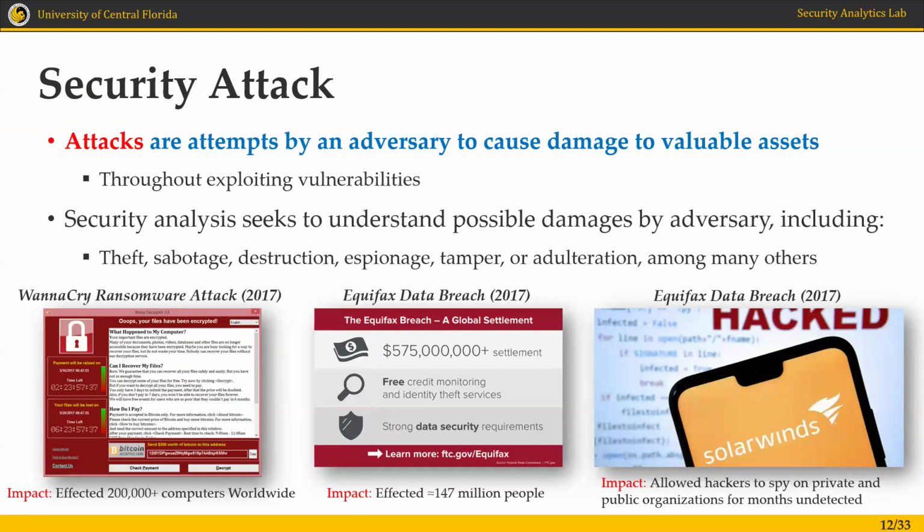I think they wanted ransom in Bitcoin. We have the Equifax breach in 2017, which affected over 147 million people. And SolarWinds was also attacked, which allowed hackers to spy on private and public organizations for months undetected.